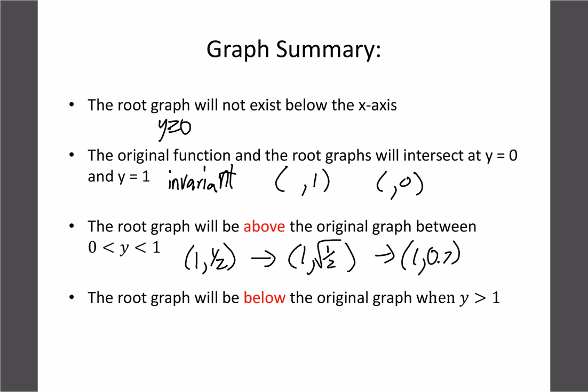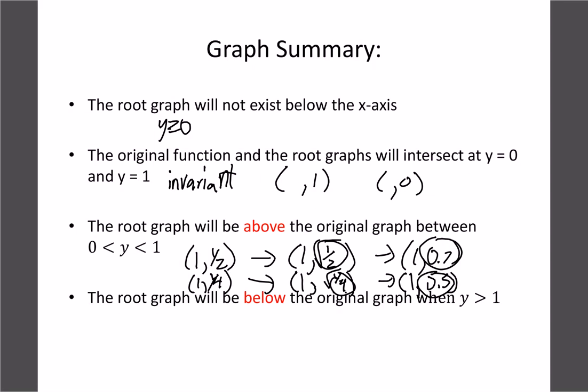And if we do another one, let's suppose we had (1, 1/4), the square root of a quarter is actually a half. So that means for any value that's between 0 and 1, our y value actually ends up being taller than the original graph. Because 0.7 is bigger than a half, and 0.5 is bigger than a quarter, so we're always going to be above it.